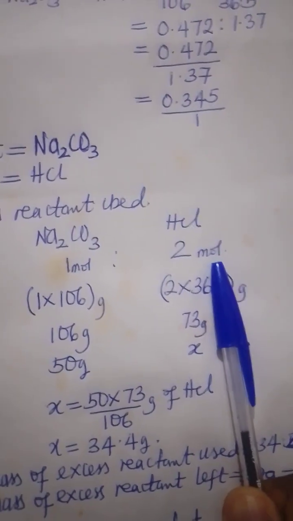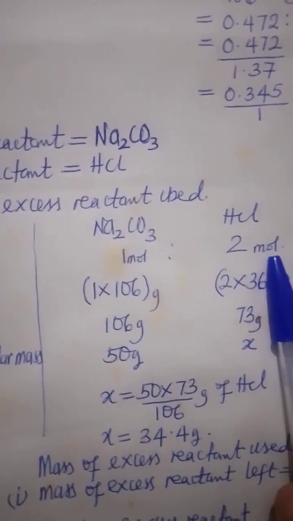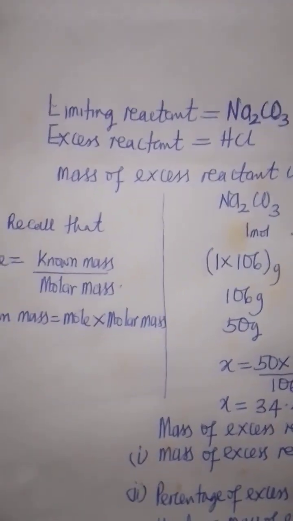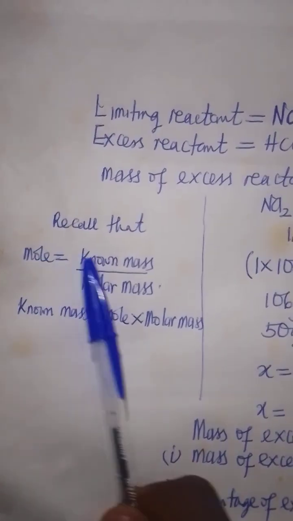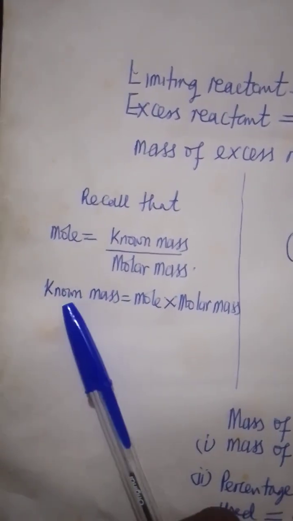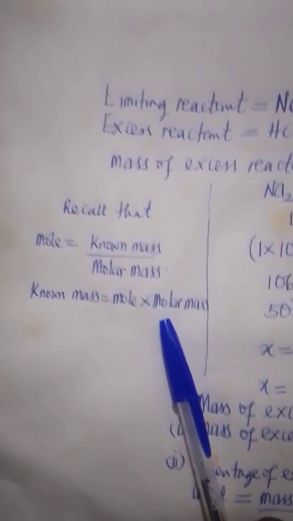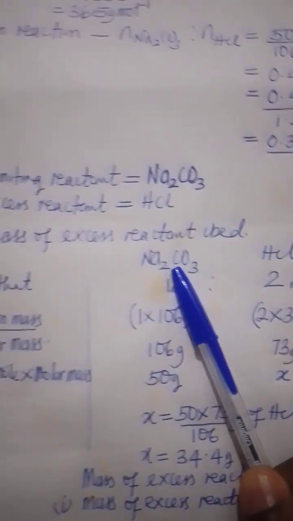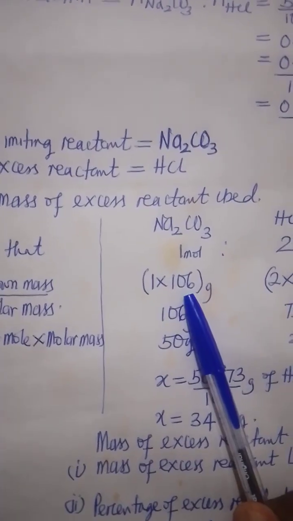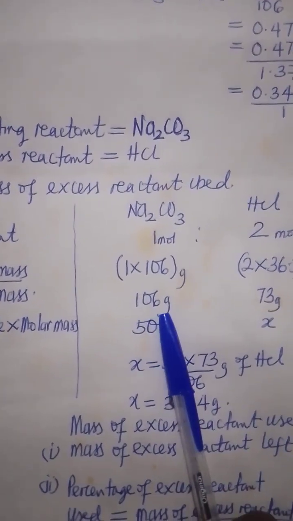Now we are told to calculate the mass of the excess reactant left, so it is mass we are required to calculate. So we use our formula. Mole is given mass over molar mass, so the given mass is mole times molar mass. So we have 1 mole multiplying by the molar mass of Na2CO3, that is 106. If you multiply that, you get 106 gram.